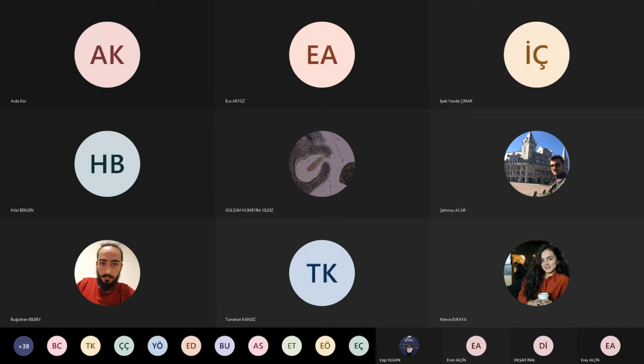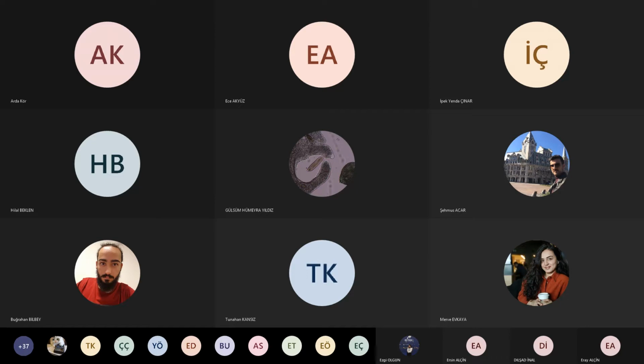Şu dosyayı açmam lazım. Geldi mi slide şu anda?